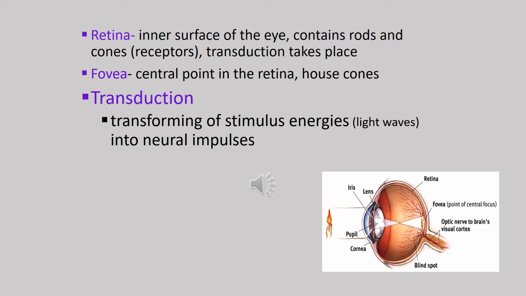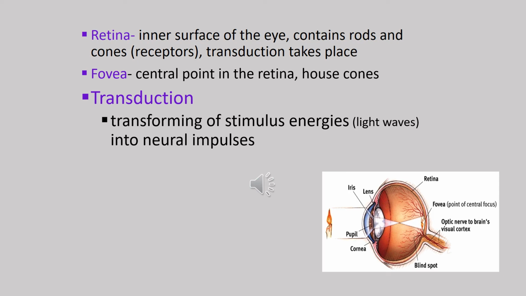This is where transduction takes place. So within the retina, the photoreceptors will transform the light waves into a neural impulse. So transduction is transforming an energy stimulus, here in vision, looking at light waves, into a neural impulse so it can be sent to the brain for translation or interpretation.